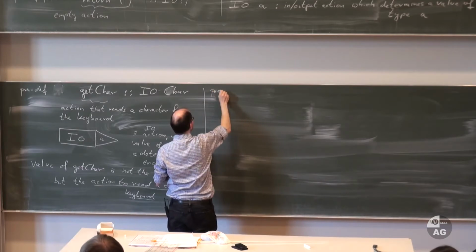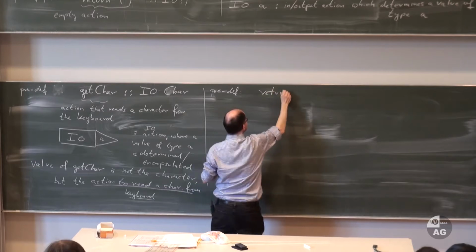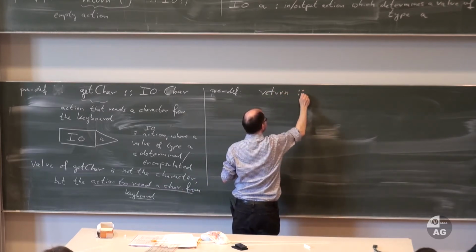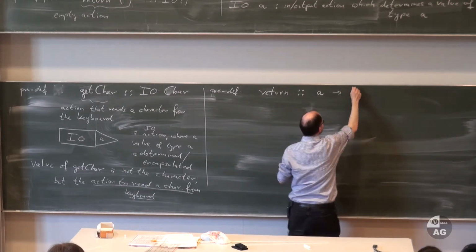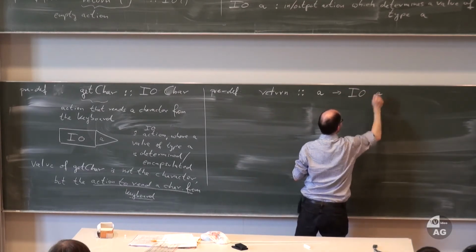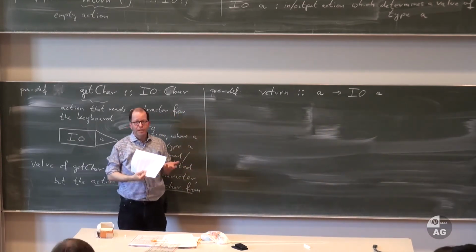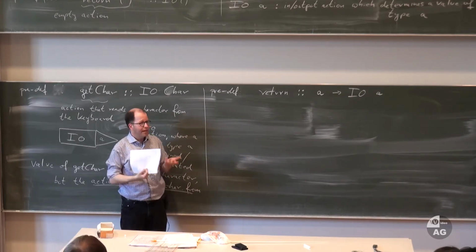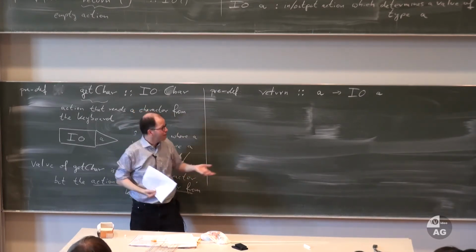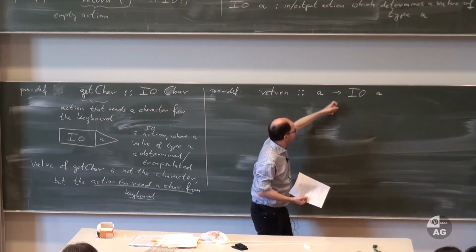This predefined function return in reality has the following type: it's a function that takes a value of type A and gives you back an IO action where this A is encapsulated. In other words, return takes some value and gives you back an empty action which does nothing, but where the value that you gave as an argument to return is encapsulated.